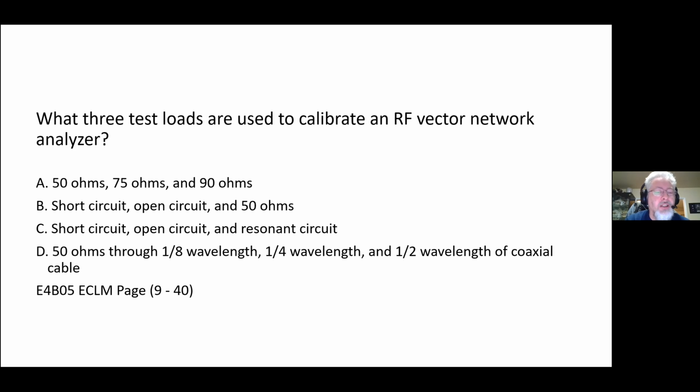C, short circuit, open circuit, and resonant circuit. D, 50 ohms through 1/8 wavelength, 1/4 wavelength, and 1/2 wavelength of coaxial cable. Bravo, correct. A short circuit, an open circuit, and 50 ohms.